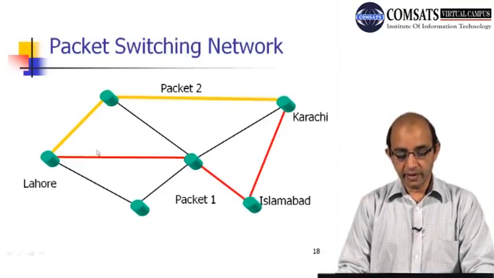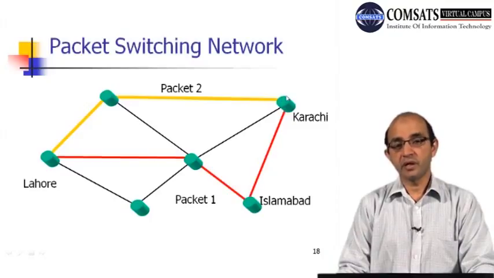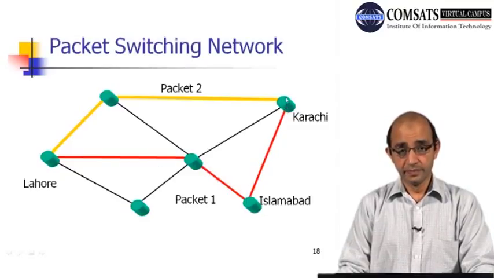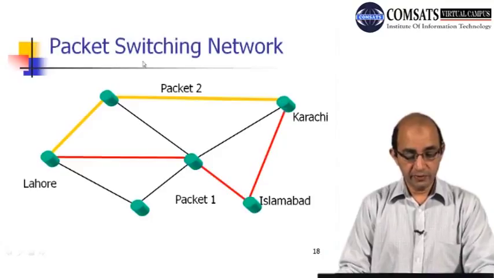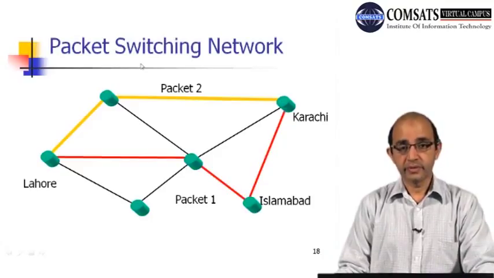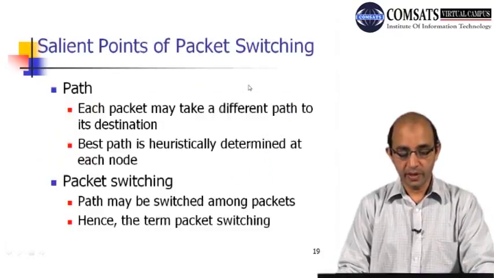So maybe they arrive at Karachi out of order. Maybe packet 2 arrives first, and then we have to have some sort of technique in order to order them properly.